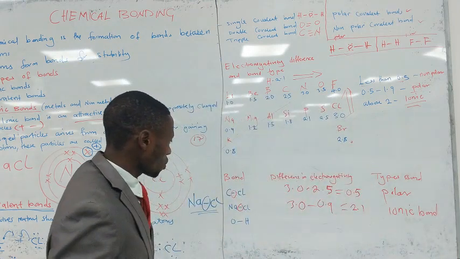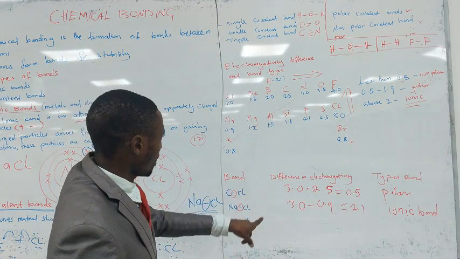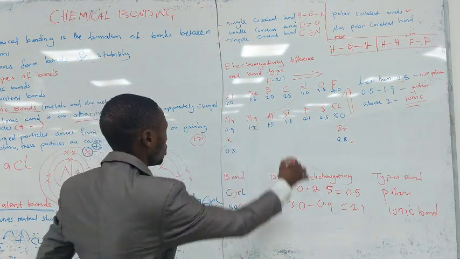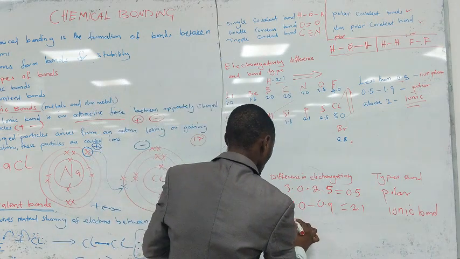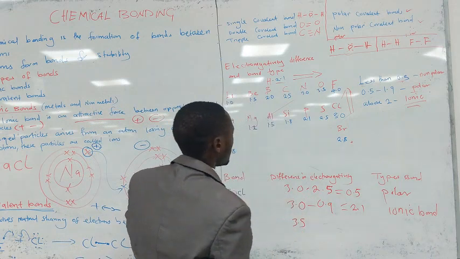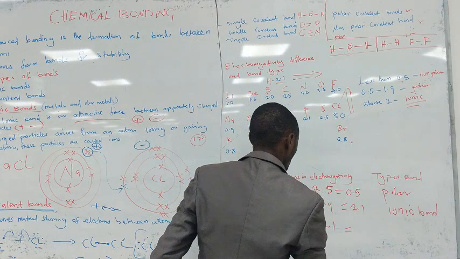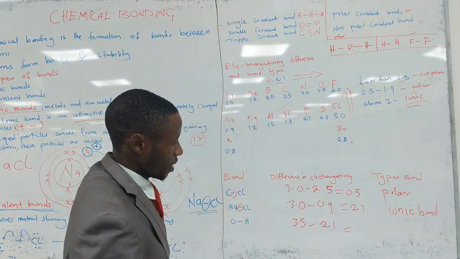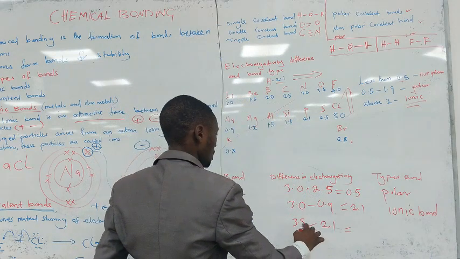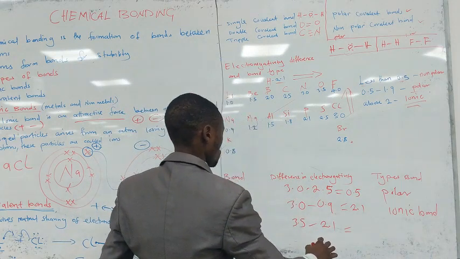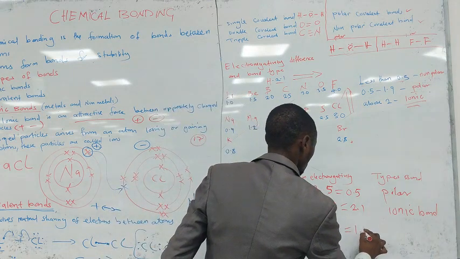Okay, let's go to the next one. Oxygen has got 3.5 and hydrogen has got 2.1. Let's go ahead and write. So oxygen has got 3.5 and hydrogen has got 2.1. Let's go ahead and find our value. 3.5 minus 2.1, so that is 1.4.